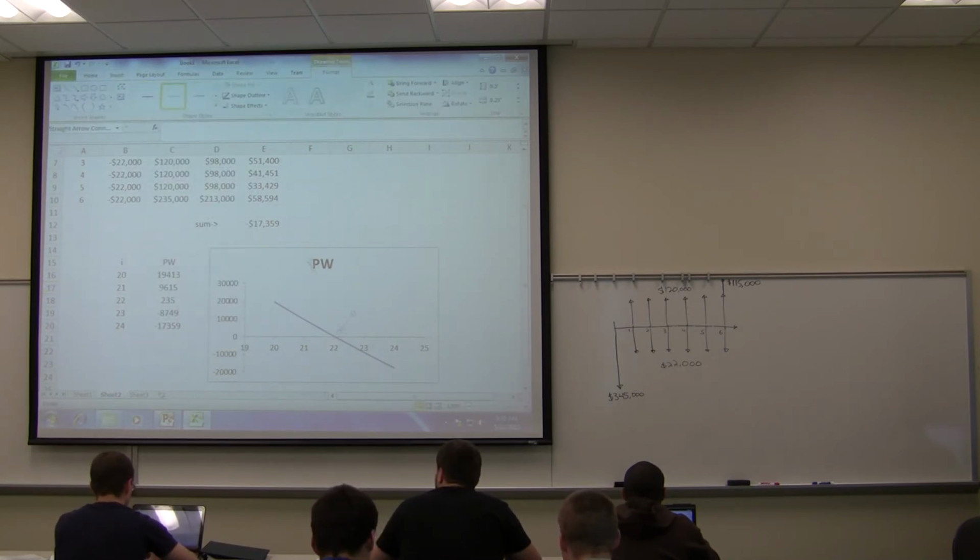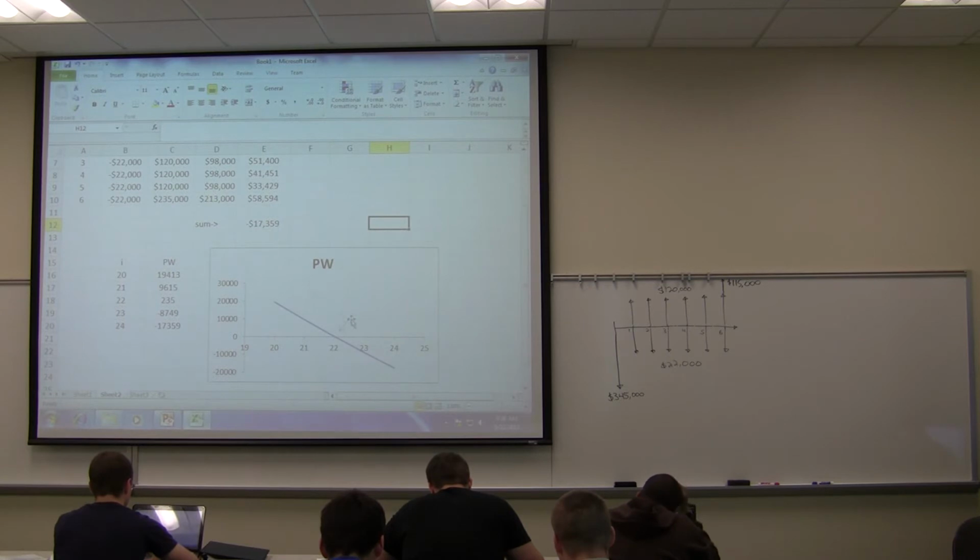But you can't just put a line that automatically knows where it's at? No. Okay, fine, so like on my calculator, you just find 0. Yeah, you could have it generate an equation and set it so that the present worth was equal to 0.